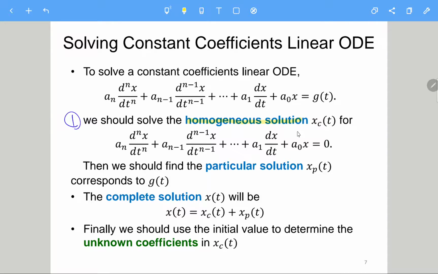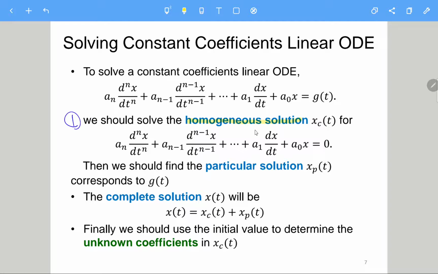The homogeneous solution means we let the right hand side be 0. If it is already 0, then it is fine. If it is a function of the independent variable, we just discard it first. We try to solve this homogeneous equation first: a_n d^n x/dt^n and so on up to a_0 x equals 0.